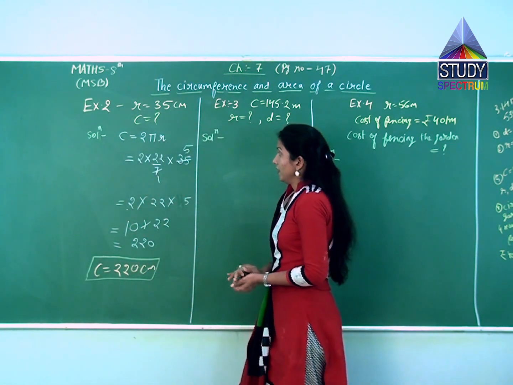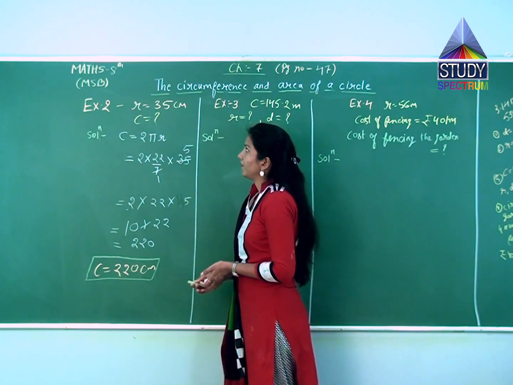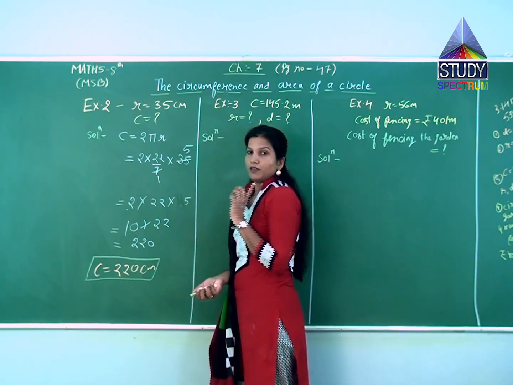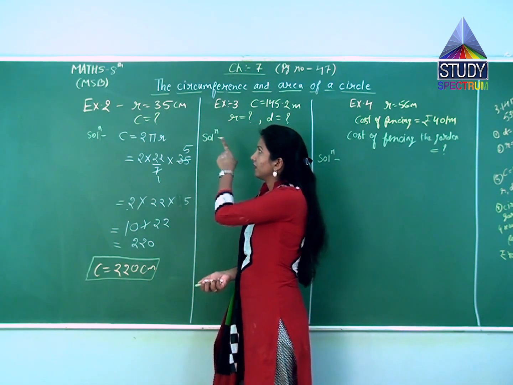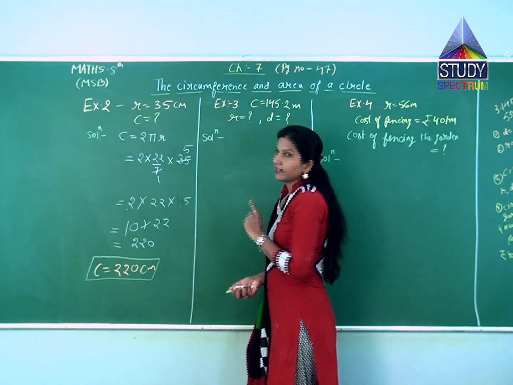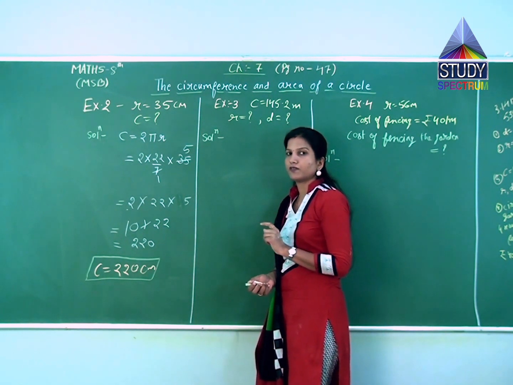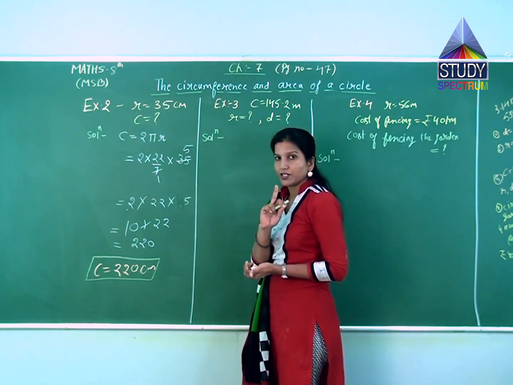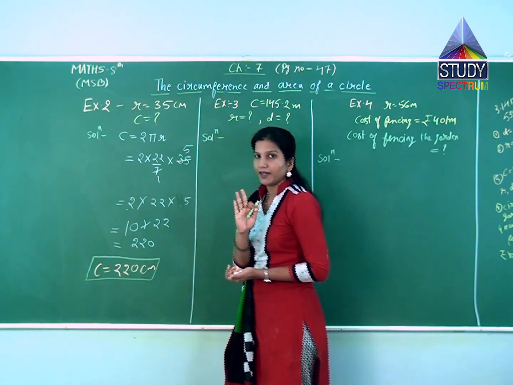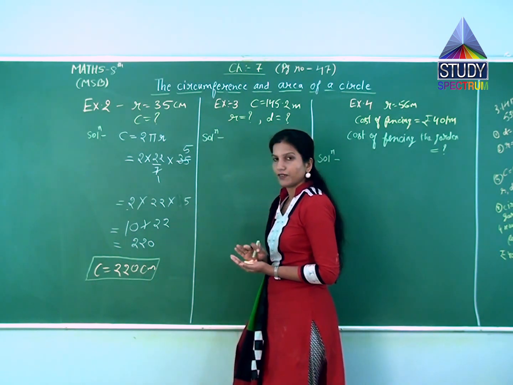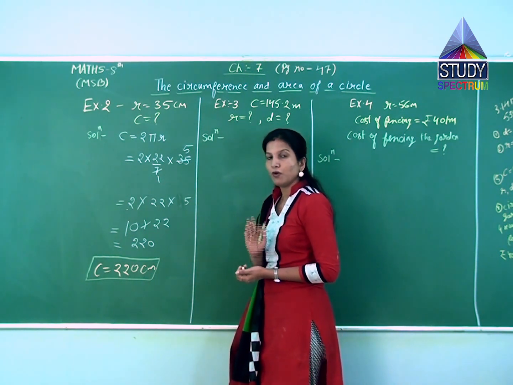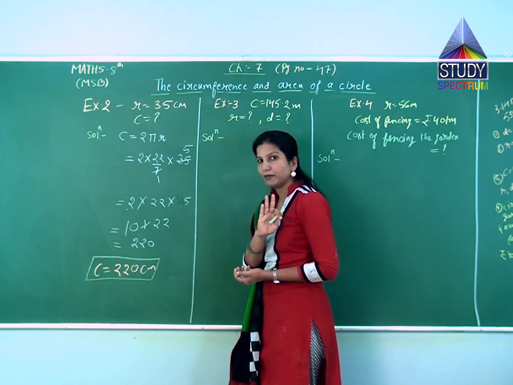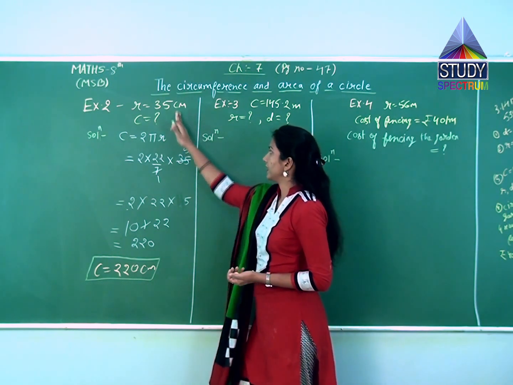So students, in example number 1, we have given the diameter of the circle, and this example is showing the radius of the circle. In both the questions, we have to find out the circumference of the circle. But in example number 1, we applied the formula for the circumference of the circle, which was equal to pi d, because the diameter was given, and here a radius is given.